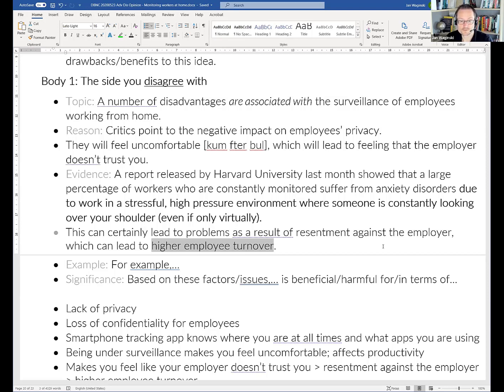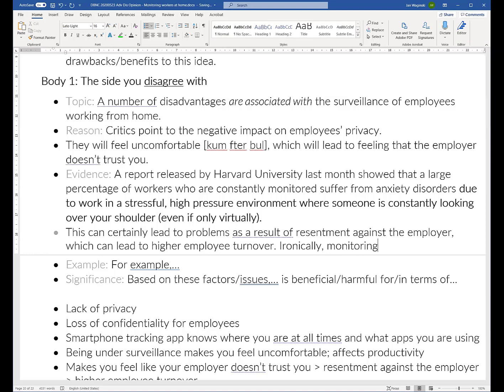Higher employee turnover. This, ironically, will cost the company time and money to train the new staff.